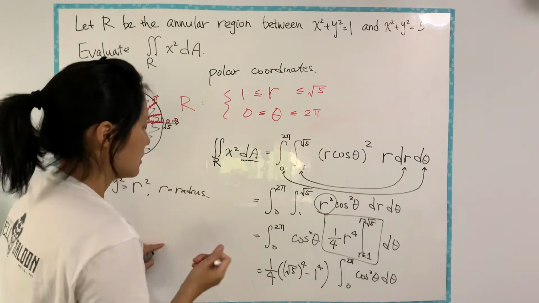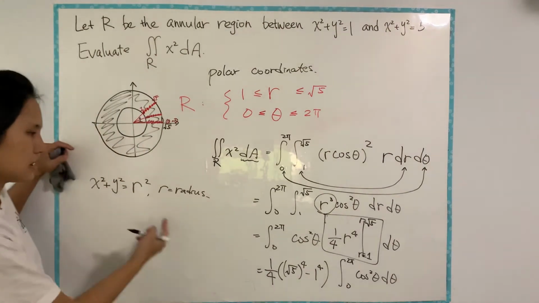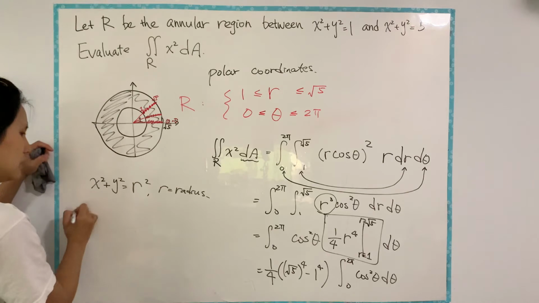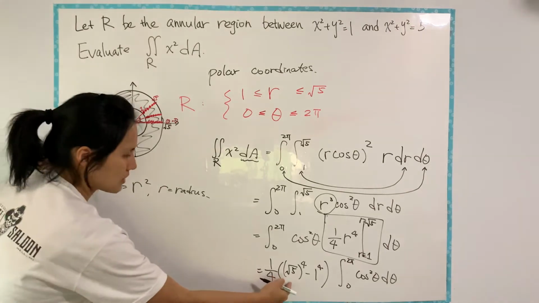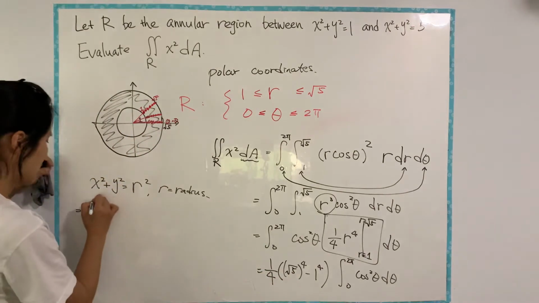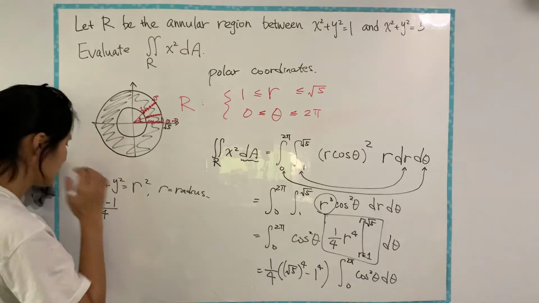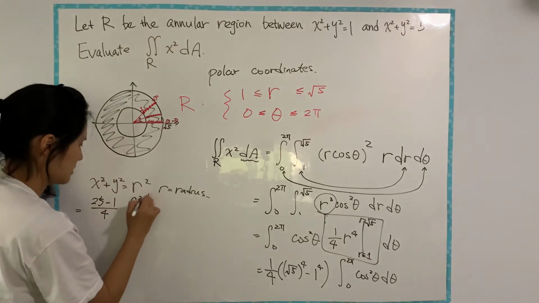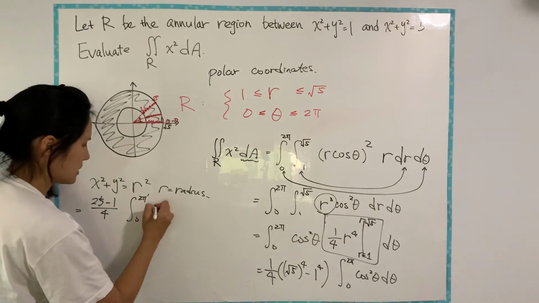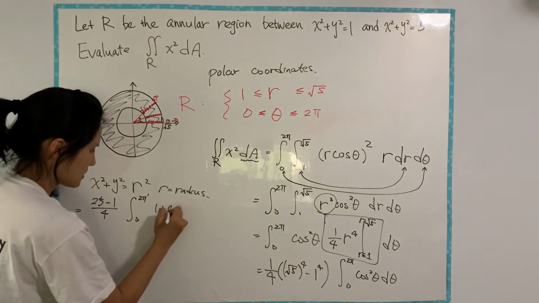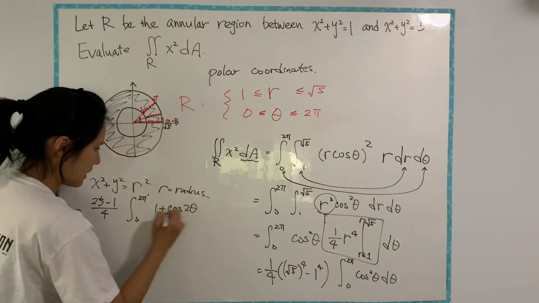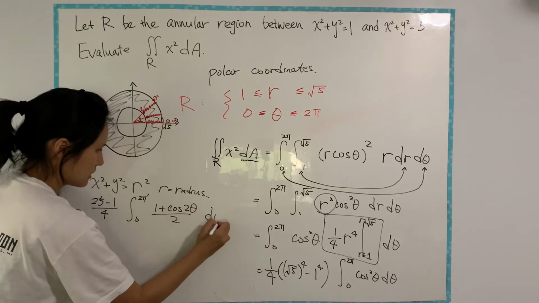Let me continue here. So this is 25 minus 1 over 4, and cosine squared is equal to 1 plus cosine 2 theta over 2, d theta.